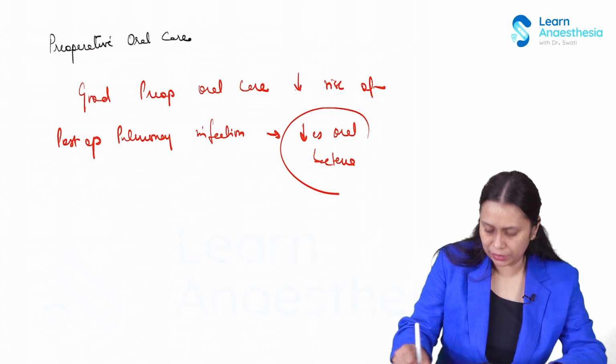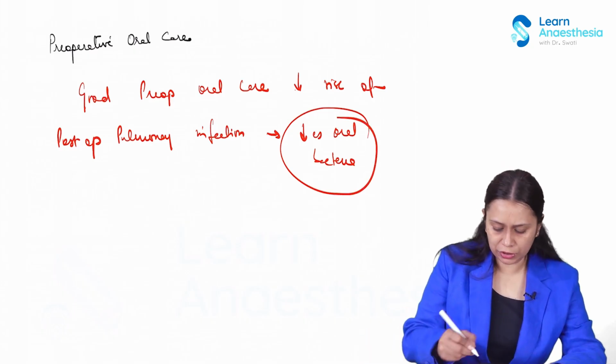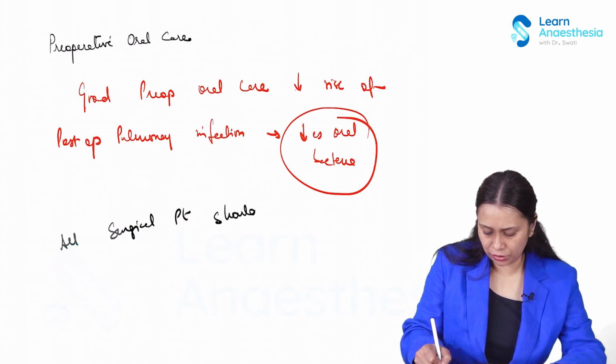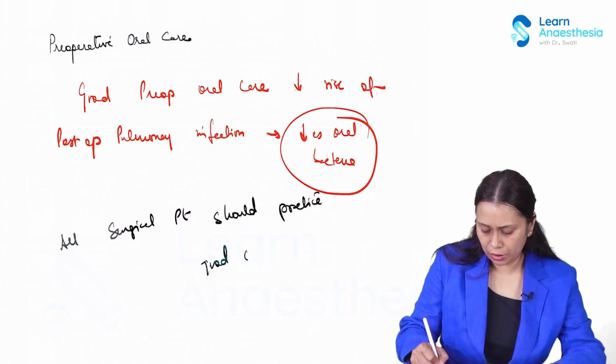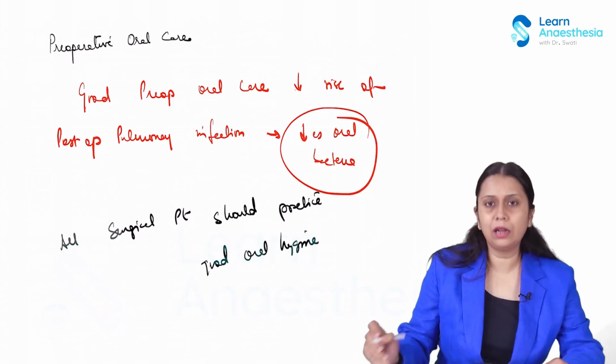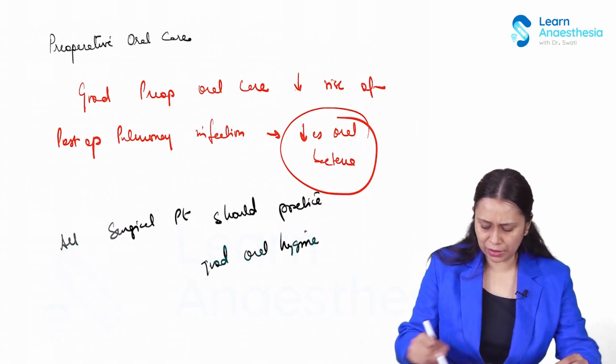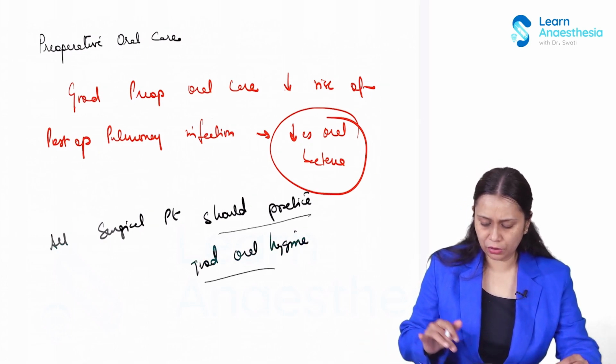By decreasing the oral bacteria. So, all surgical patients should practice good oral hygiene. Not necessarily that every patient should use a mouthwash with chlorhexidine, etc., but they should practice good oral hygiene. Okay.